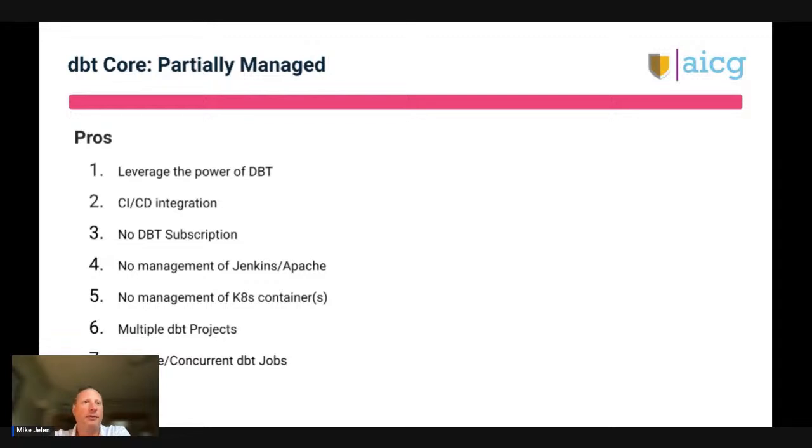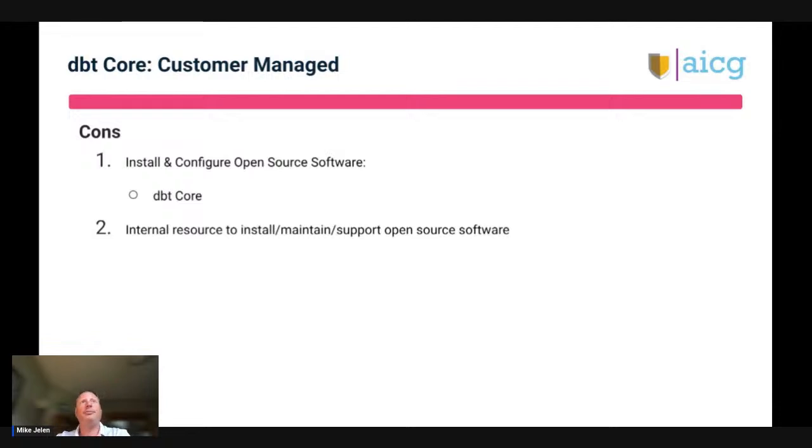And you get the benefits of having the ability to use and run multiple dbt projects. And of course, more importantly, having the ability to have multiple concurrent jobs, more than one job, because you're in a partially managed environment.